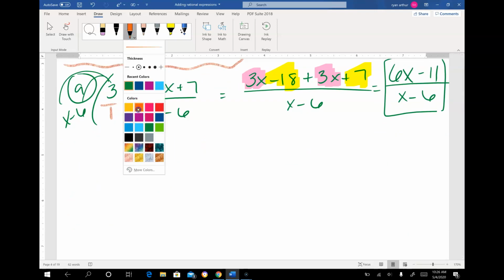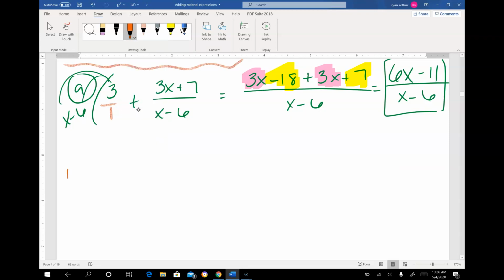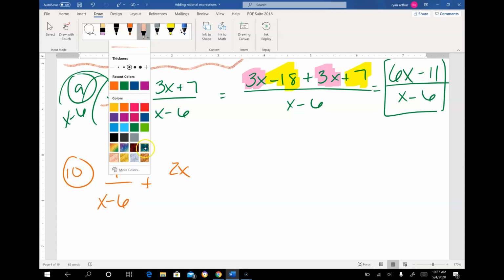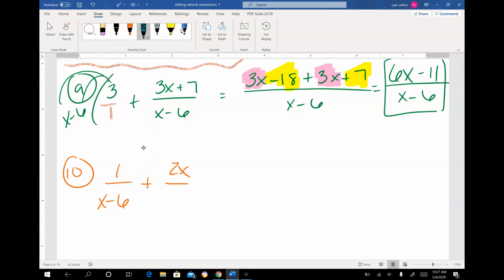Okay. So let's do number 10. Number 10 is going to be, here we go, 1 over x minus 6 plus 2x. Again, just like a number, if you want to make it a fraction, all you have to do is just put it over 1. Okay?